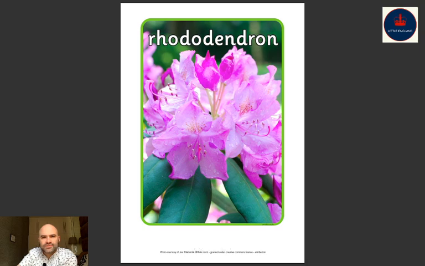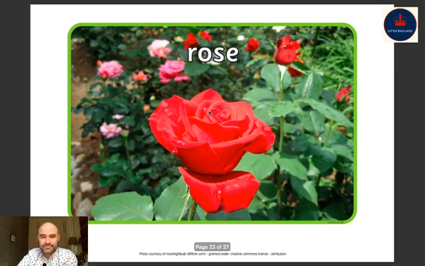Rhododendron. That's a crazy one. It's a beautiful flower, but it's hard to say, isn't it? Rhododendron. Oh my gosh. How do you guys think you're supposed to say that? That's a crazy flower. Wow. But it's beautiful. I think it looks like it needs a lot of water. Rose. We all know rose.